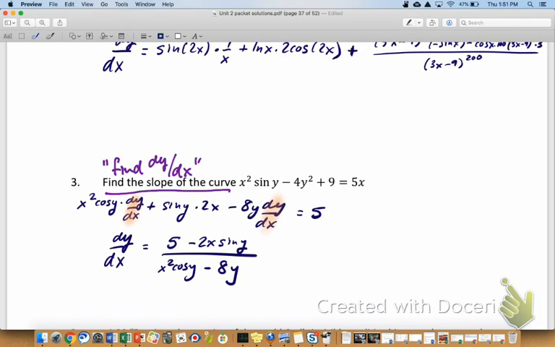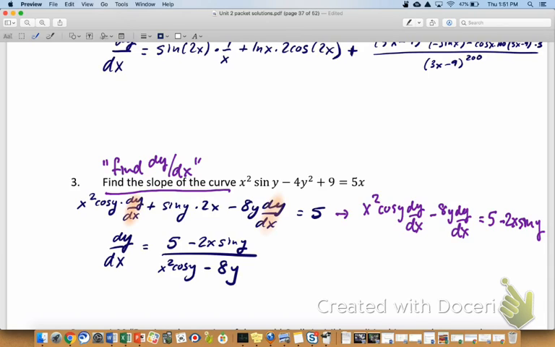My first thought is, if I'm going to try to find dy dx, I'm really solving for it. So I want to try to get it all by itself. So my first thought would be, why not take anything that does not have a dy dx and get it to the other side? So that's what I'm going to do first. I'm going to say x squared cosine y dy dx minus 8y dy dx equals 5 minus 2x sine of y. I'm just going to subtract that.